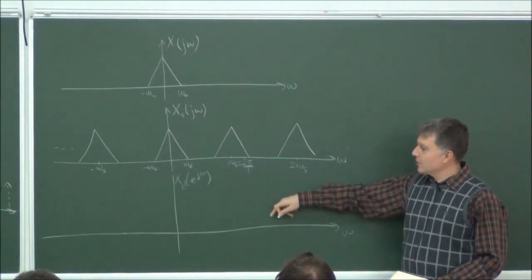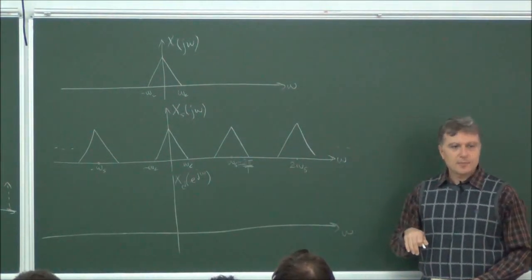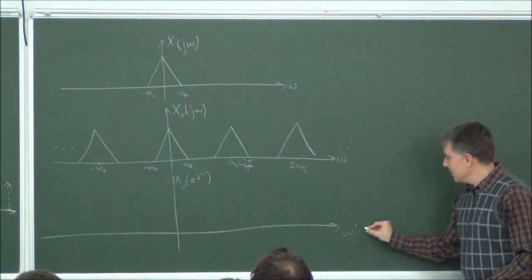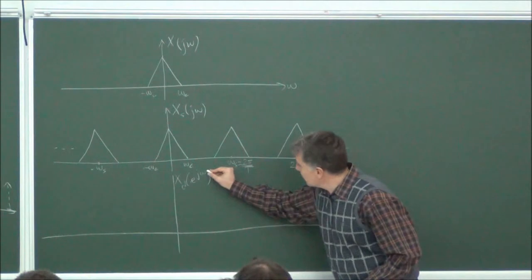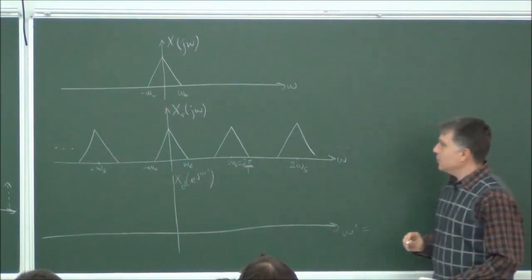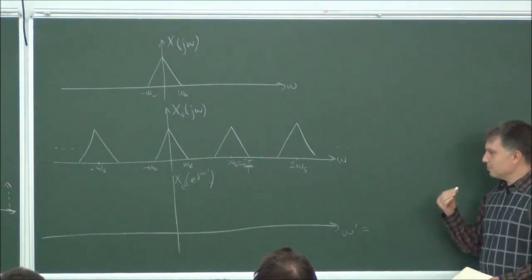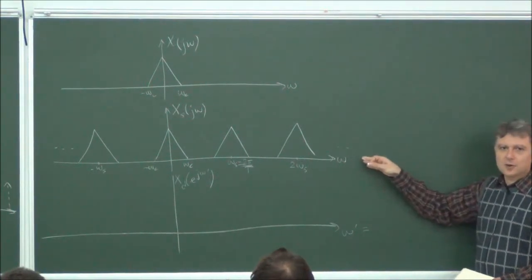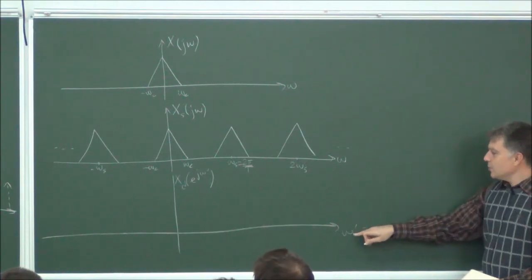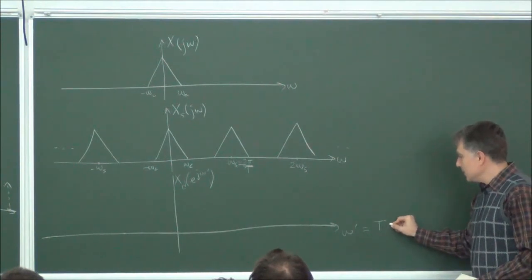So how are we going to convert this one to this one? Simple, we will just scale the axis. This, let's call it omega prime, new omega prime axis, so we have to put it like X d of e to the j omega prime, because it's a new frequency parameter. It's not the same frequency as the continuous signal's frequency. Okay, this is different. So this new omega prime will be equal to capital T times omega.